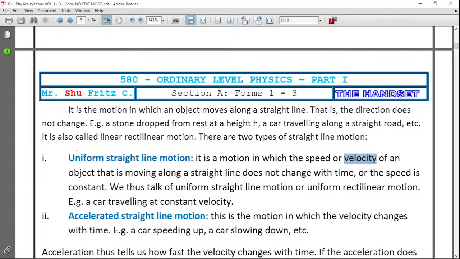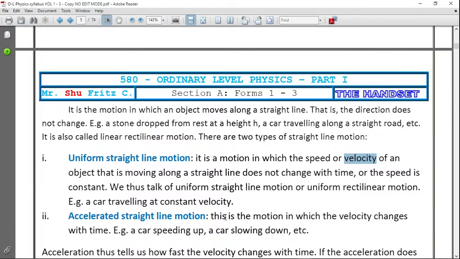Now, with accelerated straight line motion, the object is moving on a straight line and it's either speeding up or slowing down. For example, when you drop a stone from rest, the speed continues to increase, so the object is accelerating as it falls on a straight line. A car moving along a straight road that is slowing down is also undergoing accelerated motion.